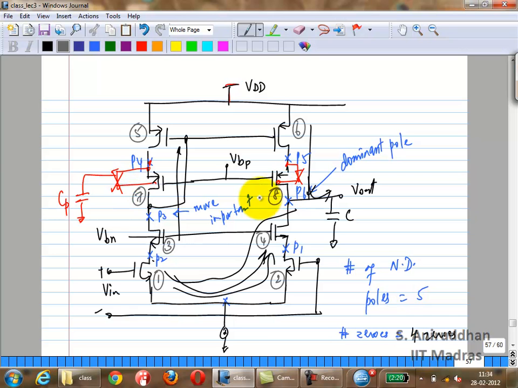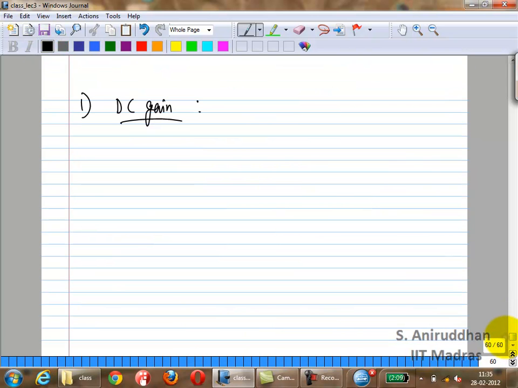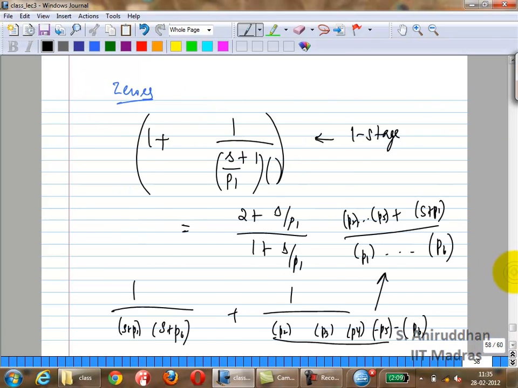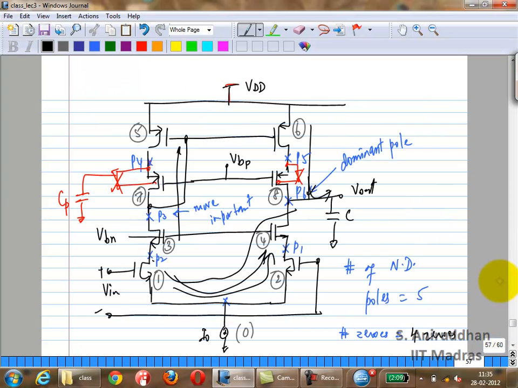Okay, so let me number these, and maybe I can call this 0 if needed. What is the DC gain? What is the transconductance? GM1. What is the output impedance? We know, right? It's the difference between the two cascodes.